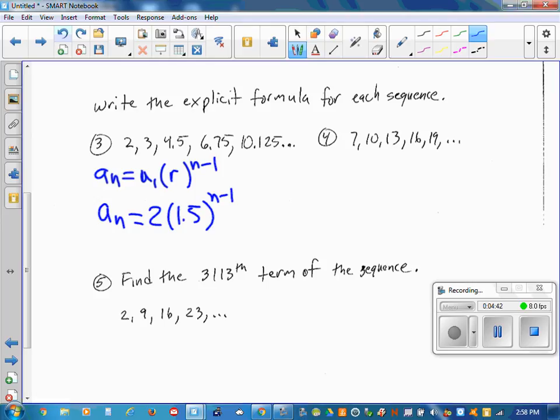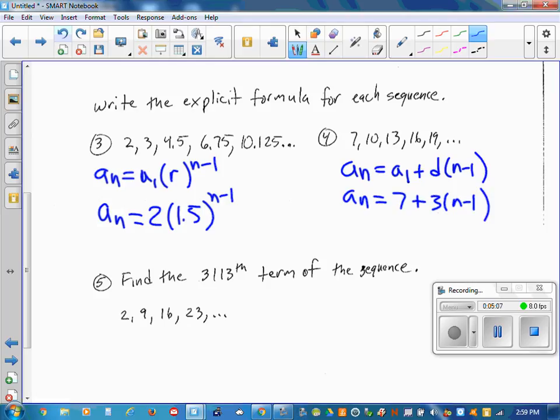The next one is arithmetic. We're adding the same thing every time, and that formula is An is equal to the first term plus the common difference times n minus 1. And you can put the d in the front or the d behind. It doesn't make any difference. So An is equal to the first term 7, the common difference, this is going up by 3, and then n minus 1.